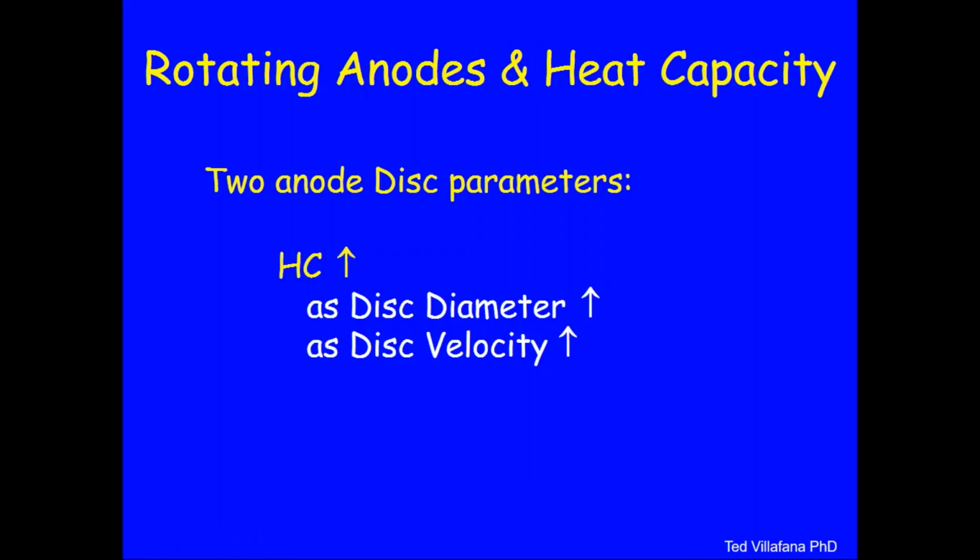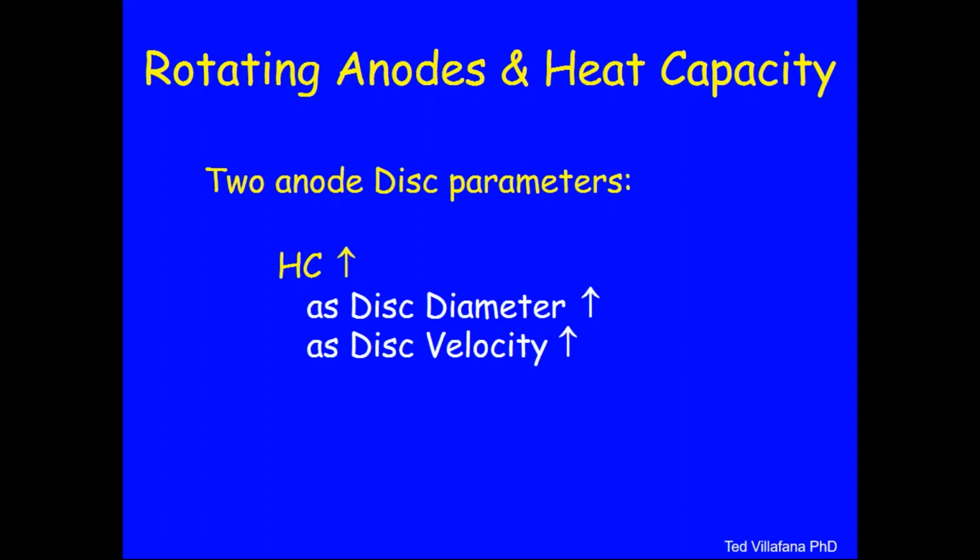Now, if you have a rotating anode, we've said that a rotating anode can increase your heat capacity, but now we break it down with these two parameters. How big is the disk? Remember, the larger the disk, the bigger the periphery over which you are spreading out the energy. So your heat capacity goes up as your disk diameter goes up.